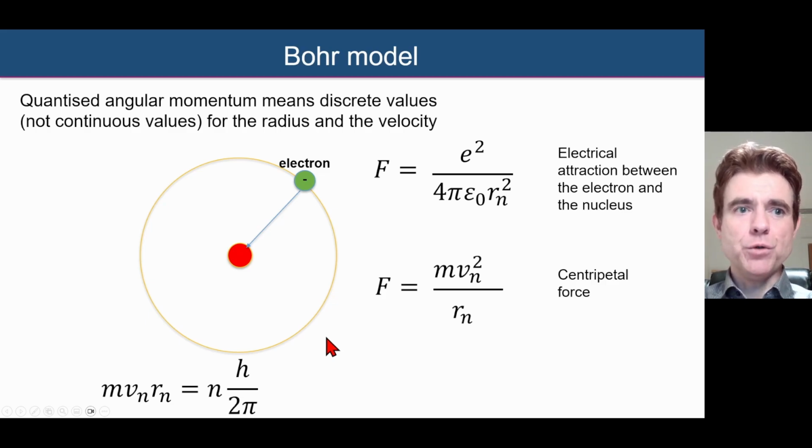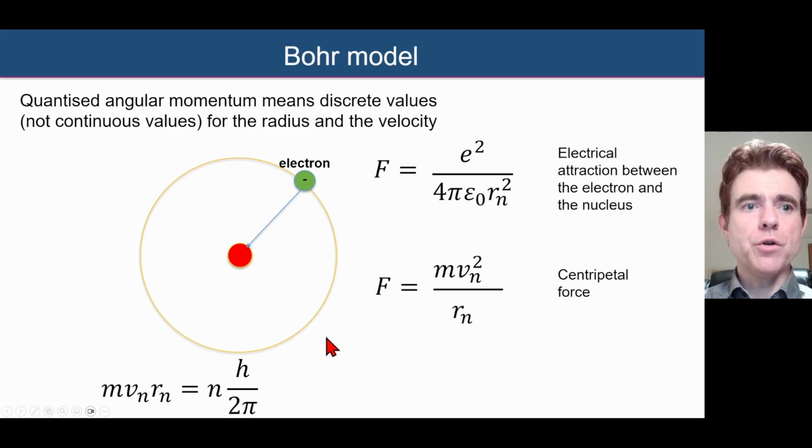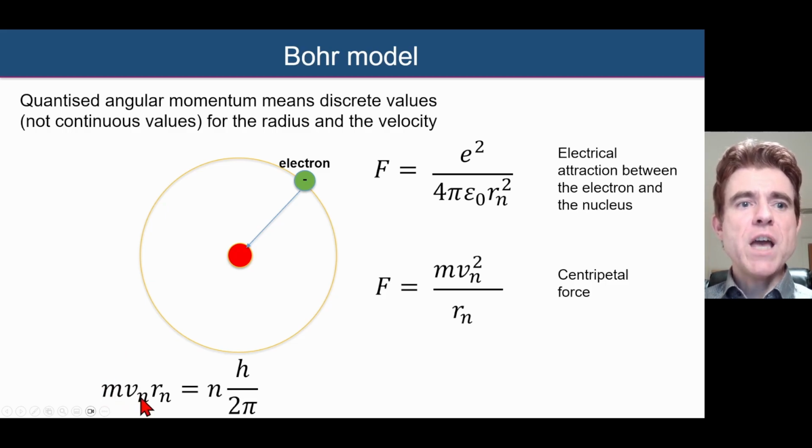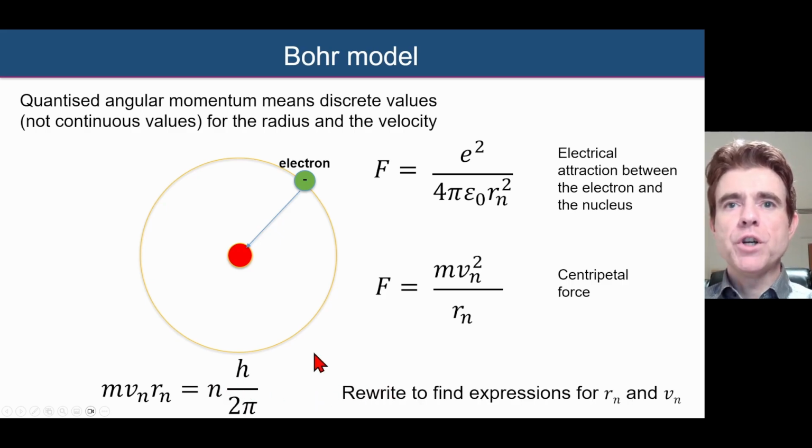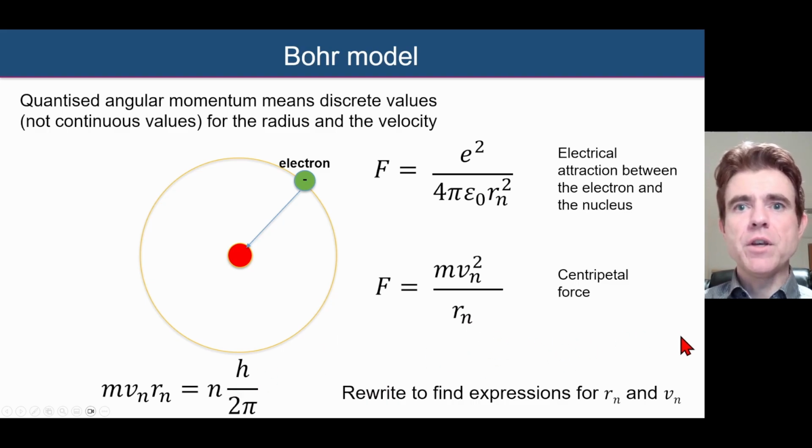It's related to what Louis de Broglie put forward in terms of electrons being understood as waves, but for the moment, we'll just accept the postulate as is, that mvr is composed of packets of size h over 2 pi. So therefore, using these expressions, we can express rn and vn in forms that allow us to understand how they relate to various choices of n.